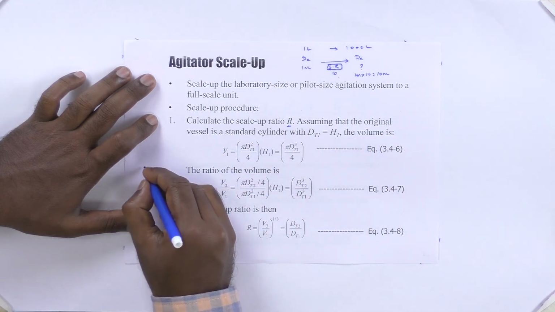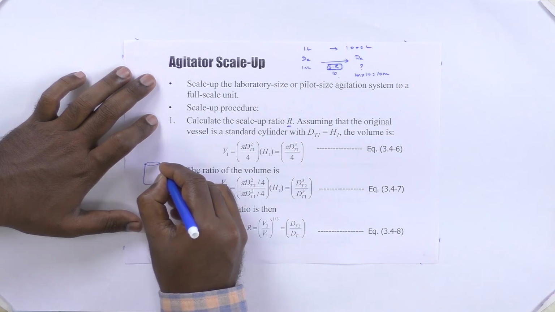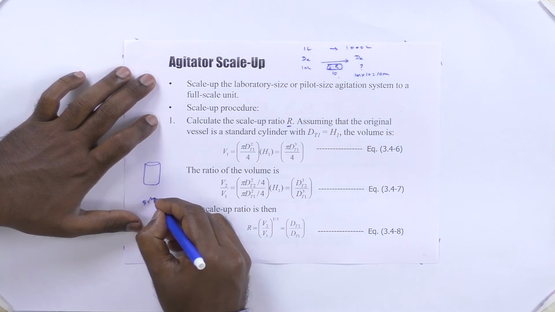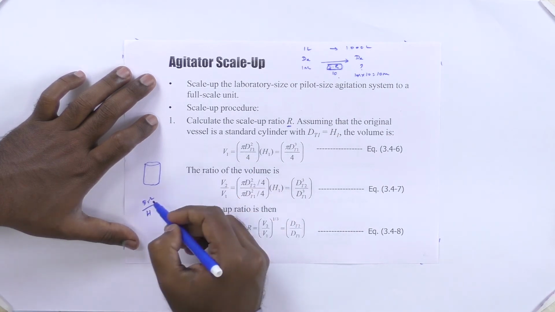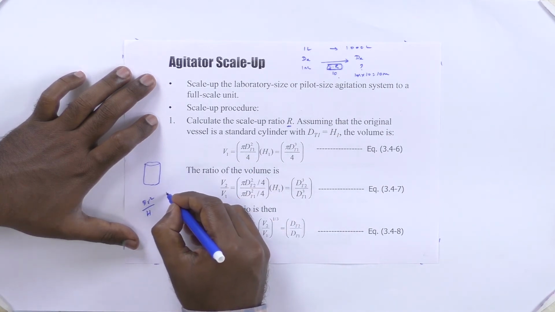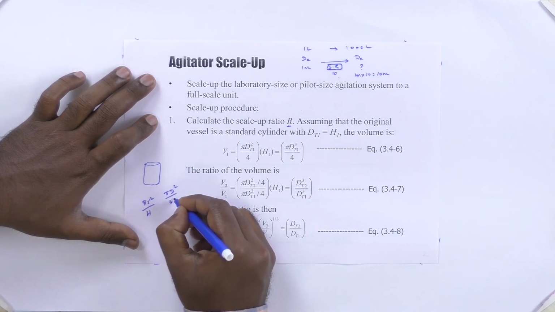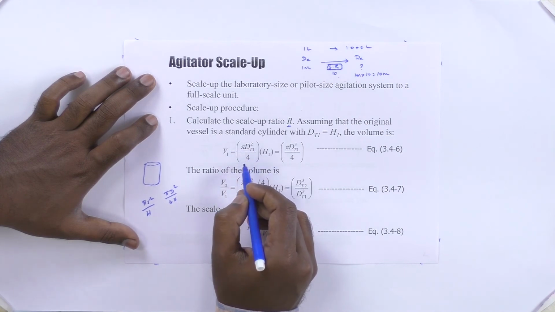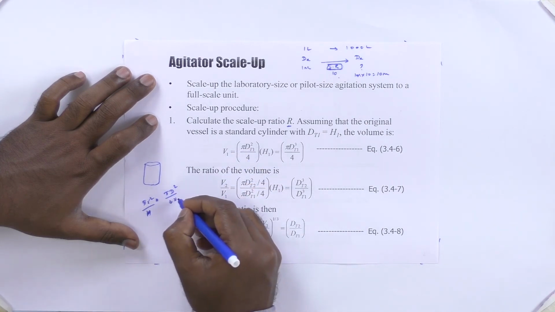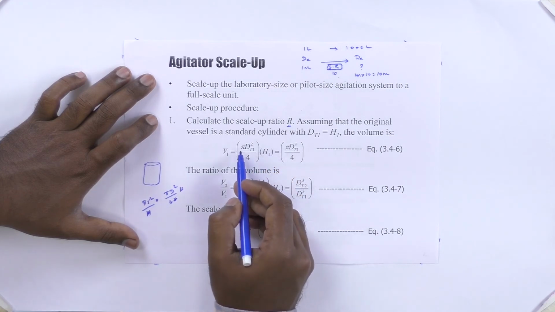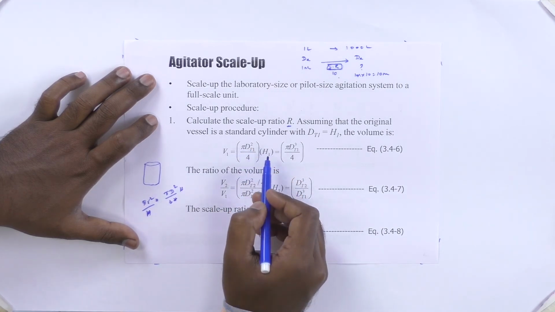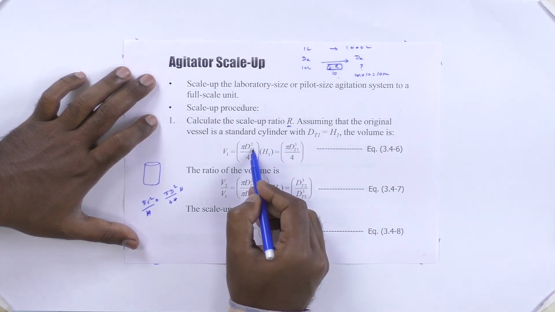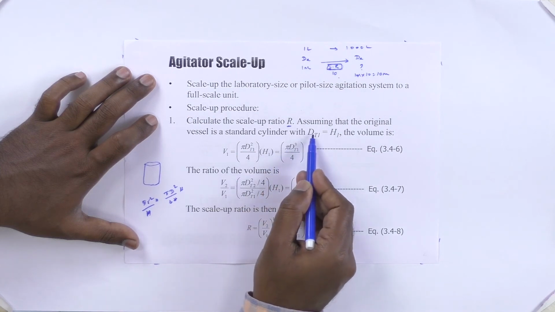Normally the agitated vessel is going to look like a cylinder. The cylinder's formula is pi r square h. If you write it in terms of dt, it is pi dt square by 4 into h. Since we have taken a standard cylinder, dt1 is equal to h1. So instead of h1 we replace it with dt1.